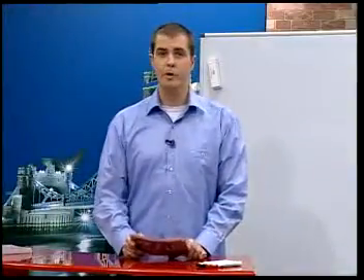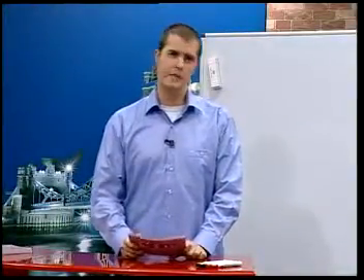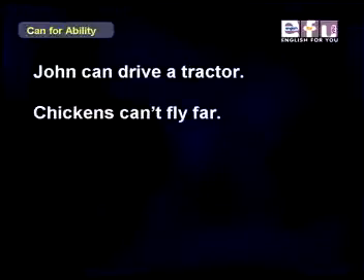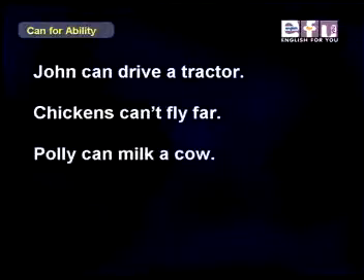Can for ability. Let's begin with a review of can for ability. So let's look at some of these sentences on the TV screen. John can drive a tractor. Chickens can't fly far. Polly can milk a cow.